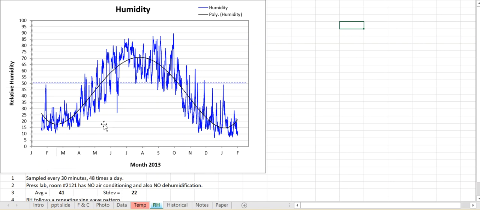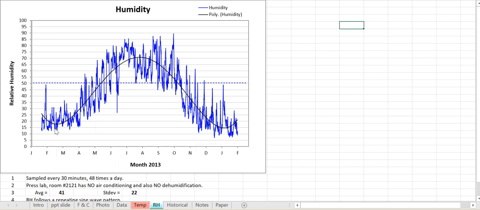During the spring, April and March, the relative humidity increases. During the summer months of June, July, and August, we have very high relative humidities, could be as much as 80, 85%. Then in the fall, September and October, the relative humidities drop. And then back into the winter months again, November, December, and January, the relative humidities are low.